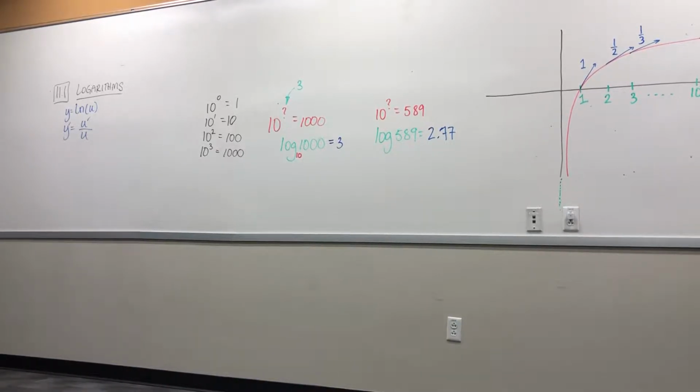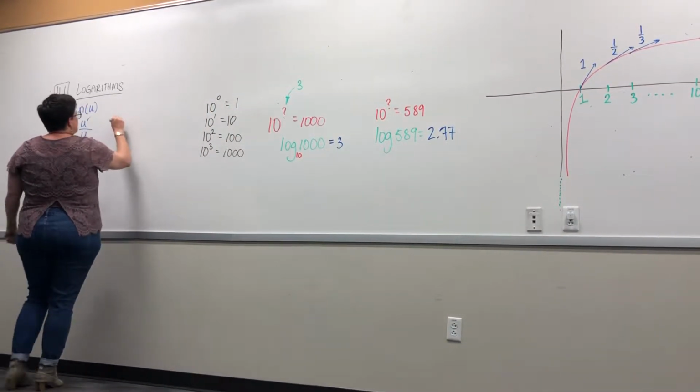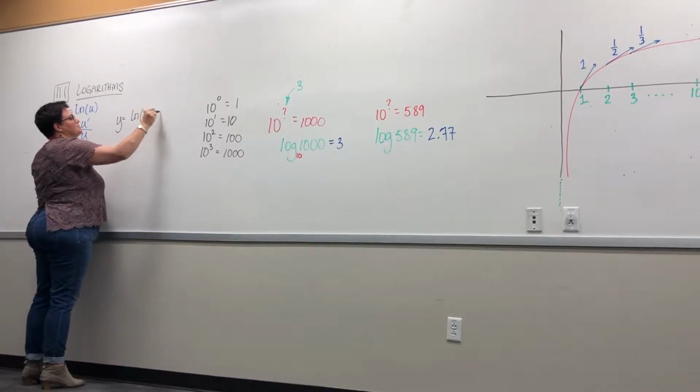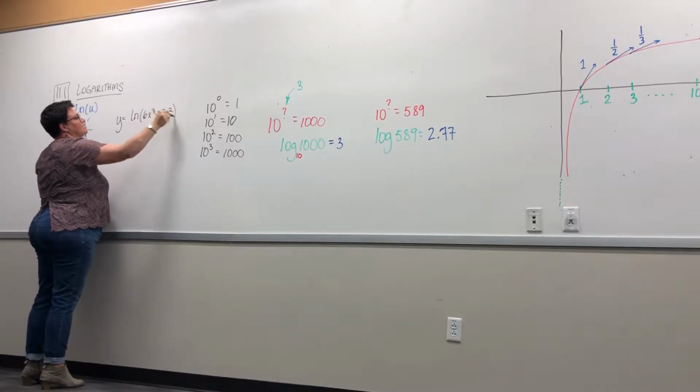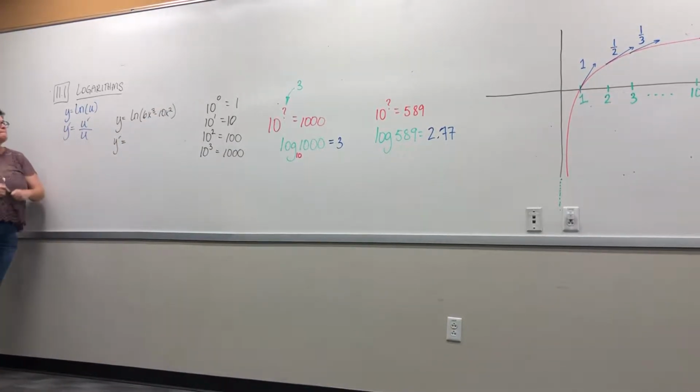Watch. What's the derivative of y equals the natural log of 6x cubed minus 10x squared? Y prime equals what, guys? Anybody want to take a stab? Look at the pattern. There's no natural log in the derivative. It's gone.